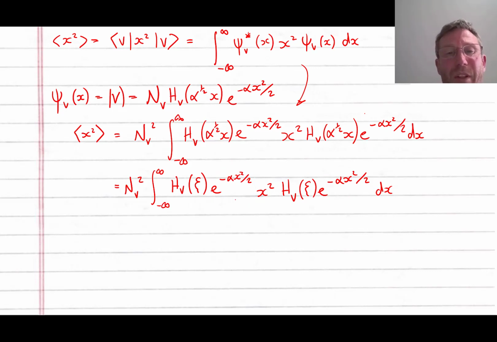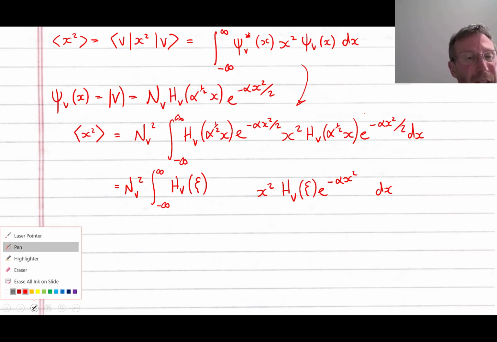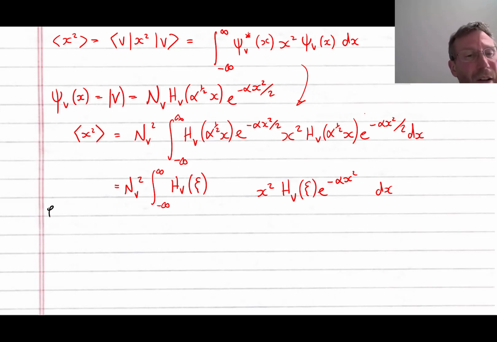And what happens when we do that, of course, is we can remove that divided by 2, and then we're going to cancel this term completely. So we've multiplied those together. So rather than rewrite it for you, this is what we end up with. Another thing I'm going to point out here is that we remember that xi squared is equal to alpha x squared, and also that d xi by dx is equal to alpha to the half.